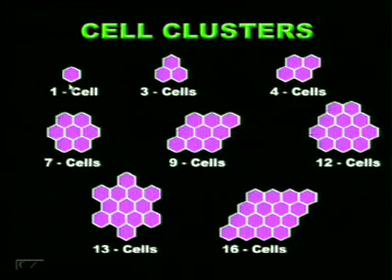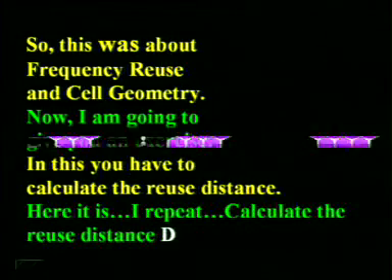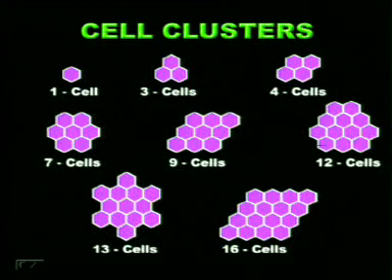Here it is 1 cell cluster, 3 cell cluster, 4 cell cluster, 7, 9, 12, 13, 16 and so on. Depending upon the city situation and physical structure, you have to decide the cell cluster. So, this was about the cell geometry and frequency reuse.